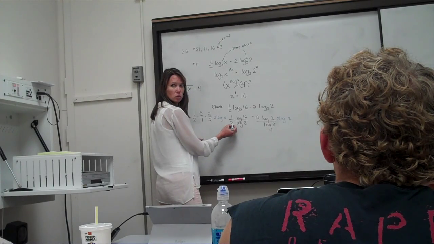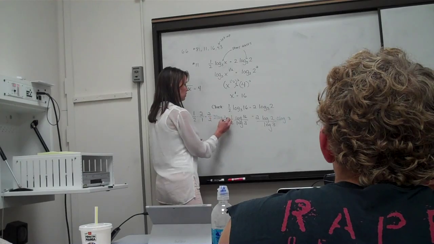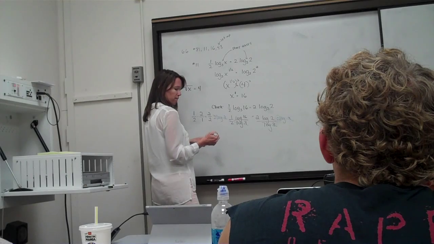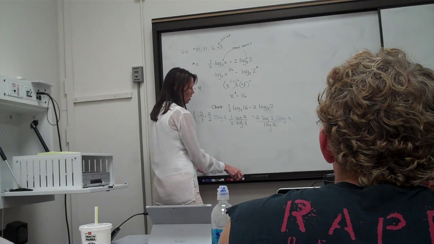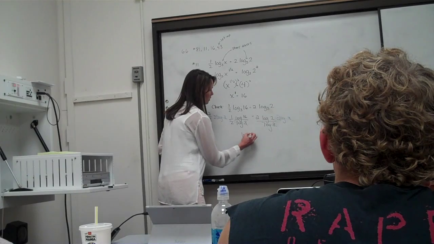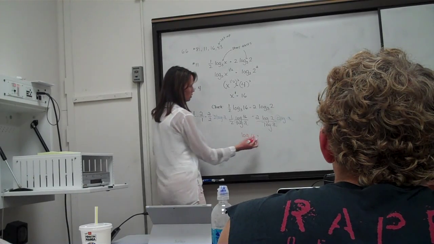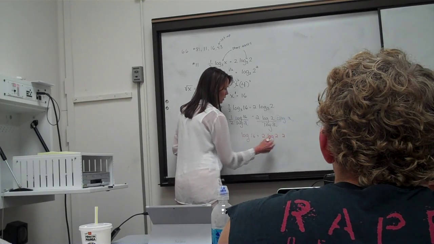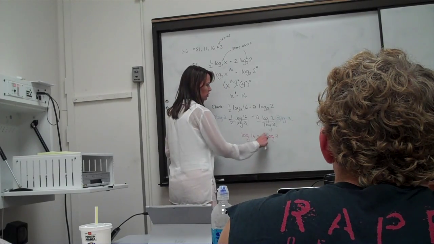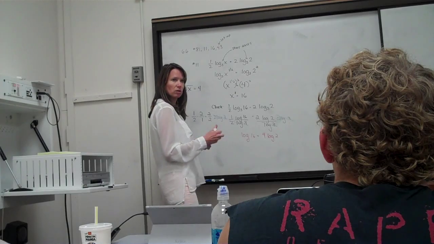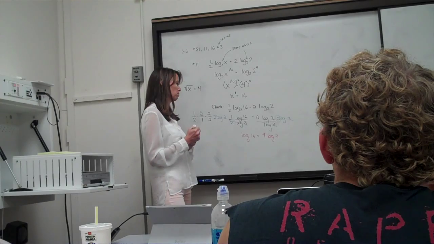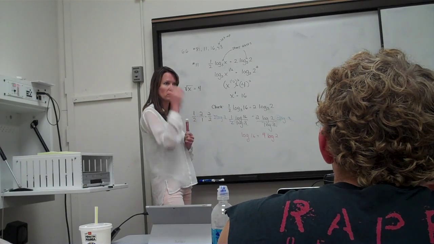If I wanted to get rid of the 2 in the denominator, I'd have a 2 here. So this would give me log of 16 equals 2 log of 2 times 2, which ends up being 4 log of 2. Then you could make that a power, and it's log of 16 equals log of 16. That one's a little bit trickier to actually check, but it will work if you do a change of base.